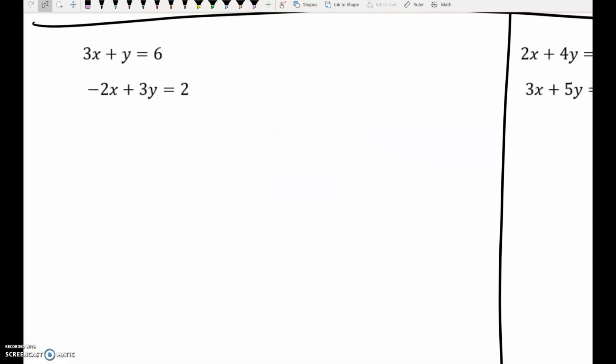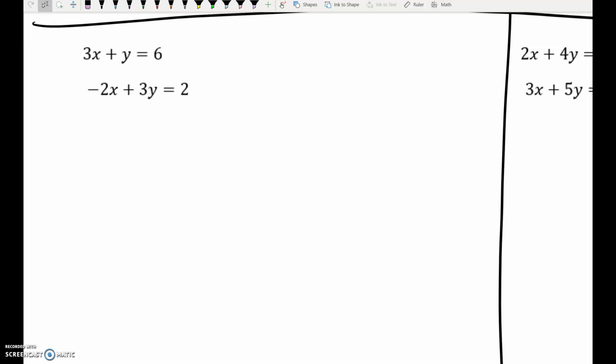On this third example, if we added these equations together right now, nothing would disappear. And our goal is, when you add the two equations together, we want one of those variables to disappear. I like that I see a positive 3x and a negative 2x. It's nice when there's already a positive negative. We would just have to multiply both of them by something to get them to match. If we wanted to eliminate the x's, what would we need to make these two x's become?